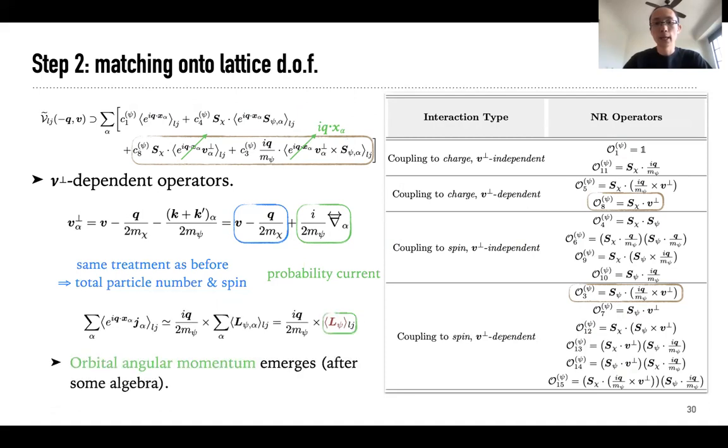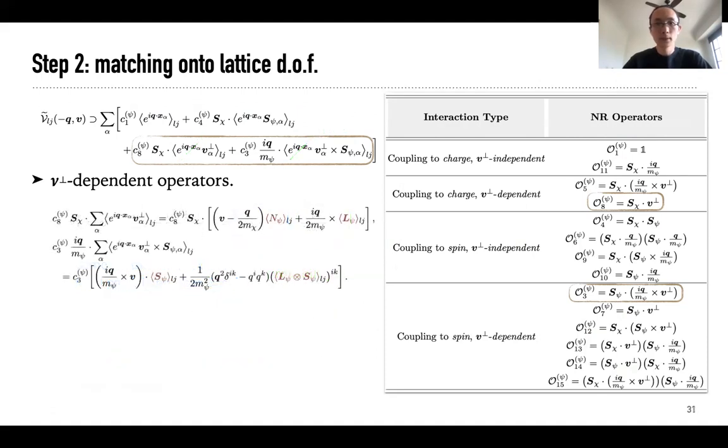And once we do that, we can carry out some algebra to show that in the end, it is the orbital angular momentum operator that emerges. So as we put things together, these two operators will give rise to a combination of couplings to the particle number and orbital angular momentum, and the spin and the spin-orbit coupling, respectively.